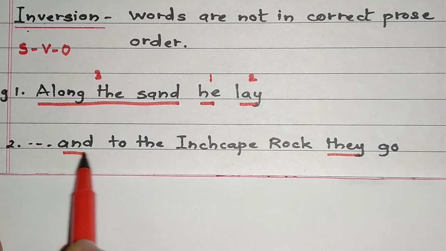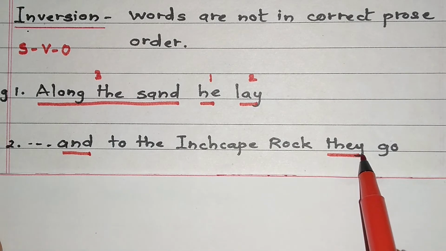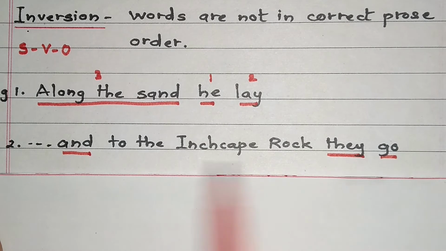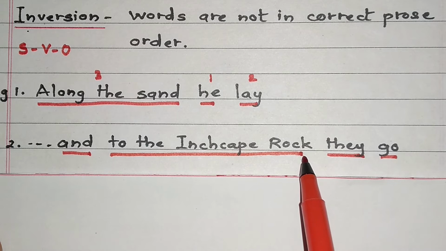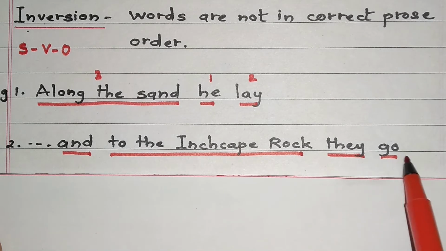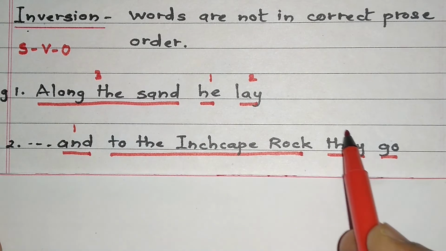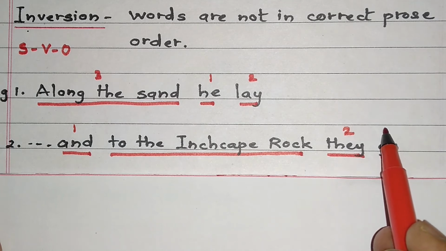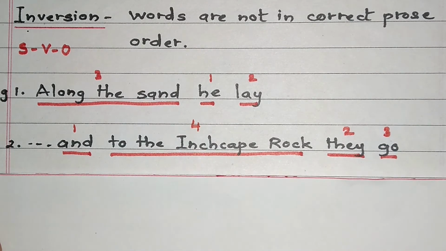Here, and comes first, then comes they, then go, and finally to the Inchcape rock. That means the correct prose order is and they go to the Inchcape rock.